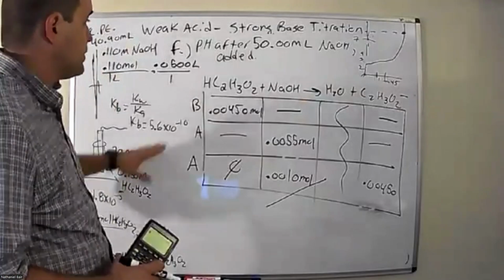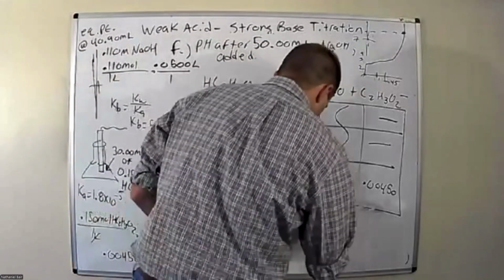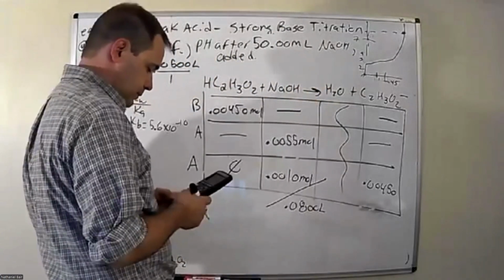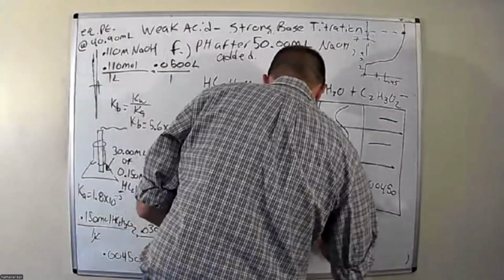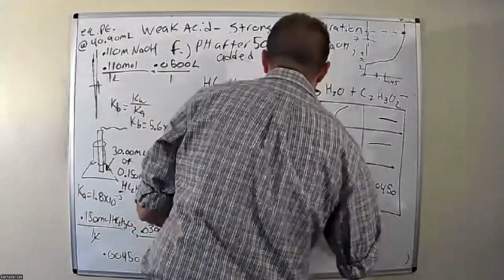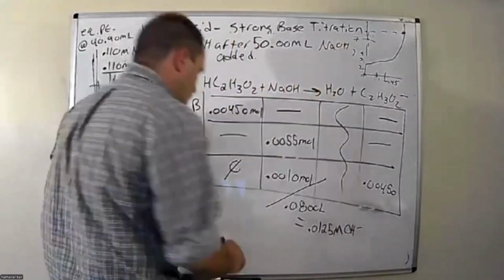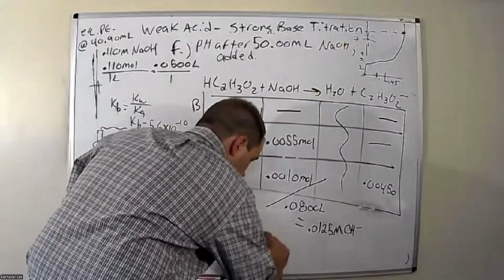30 mils plus 50 mils, that's 80 mils. So we're going to divide this by 0.0800 liters. That's going to be 0.0125 molar hydroxide. And now I can get a pOH. pOH is the negative log of that.